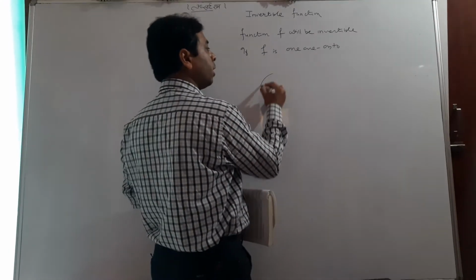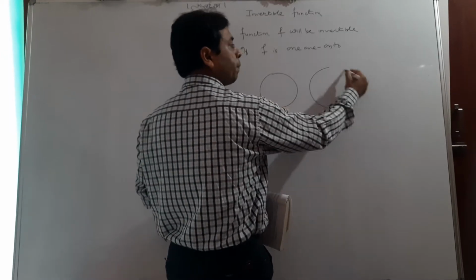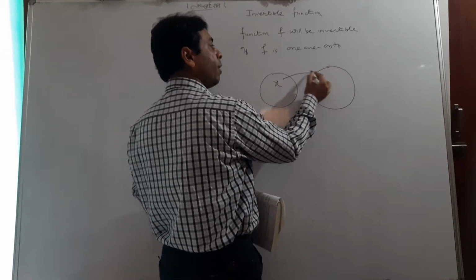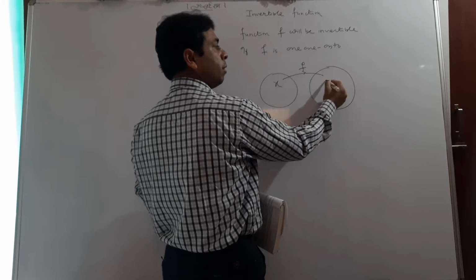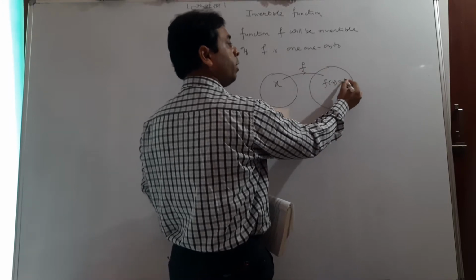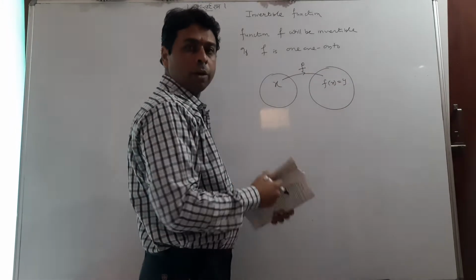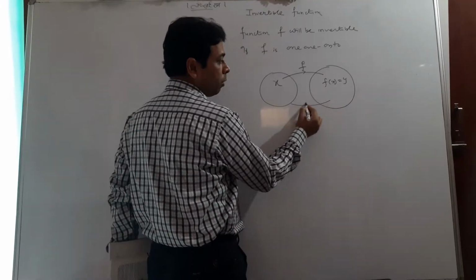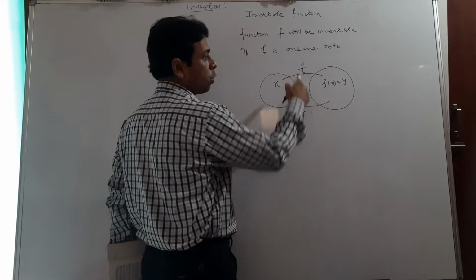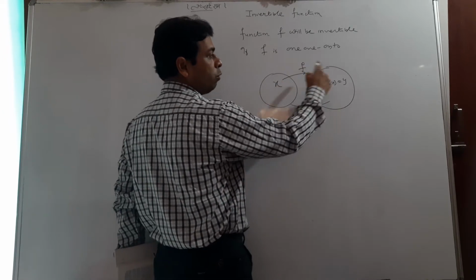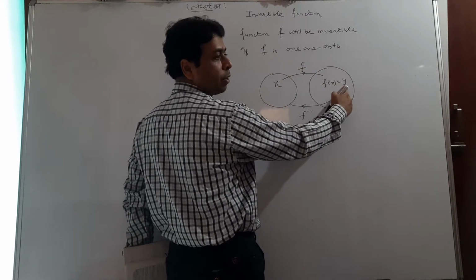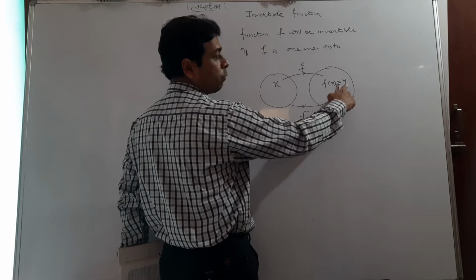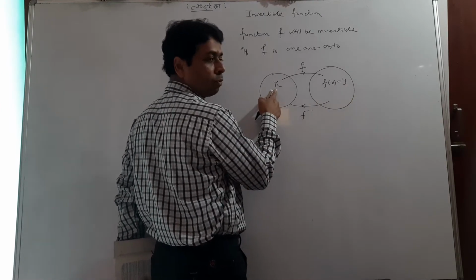In very short, I would say: when x goes under f, it becomes f of x, which is normally called y. So y equal to f of x is a function. When we talk about its inverse, f operates on x and gives you f of x, which is y. F inverse operates on y and will give you x.